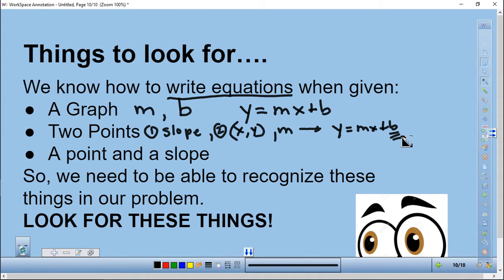We solve for b, and then we have what we need to write the final equation. If we're given a point and a slope, we can do the same thing, except that we don't have to find the slope. So remember that, given these certain circumstances, you are able to write a linear equation.